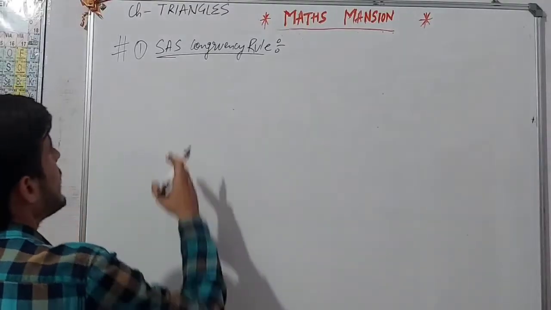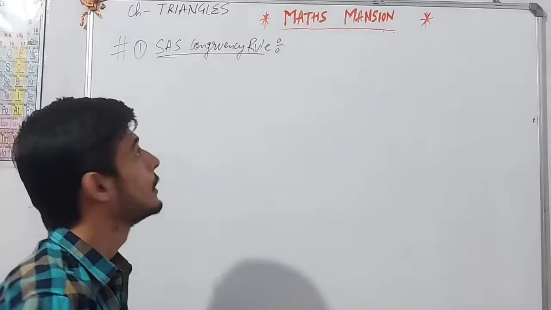The first rule is the SAS congruency rule. So what is the rule?